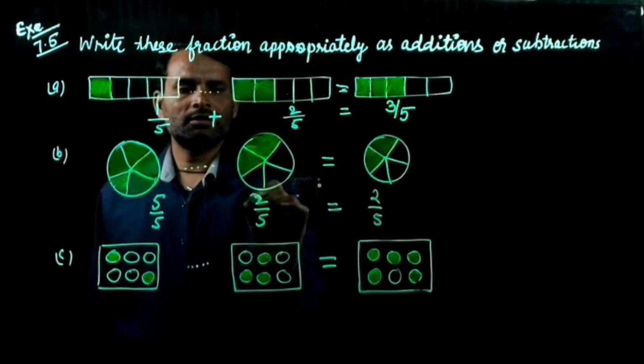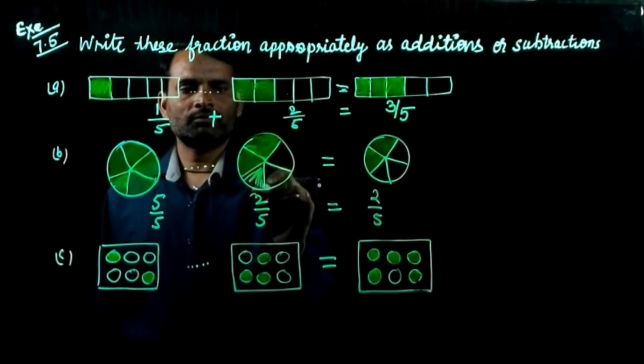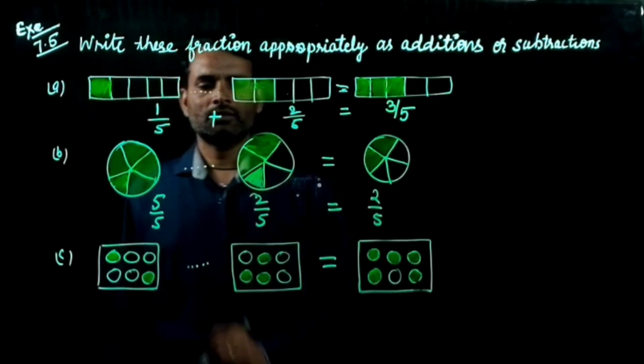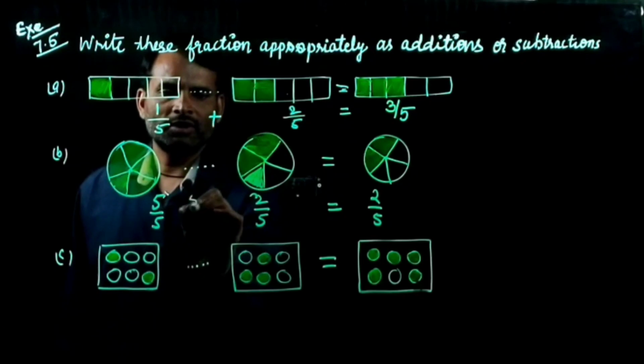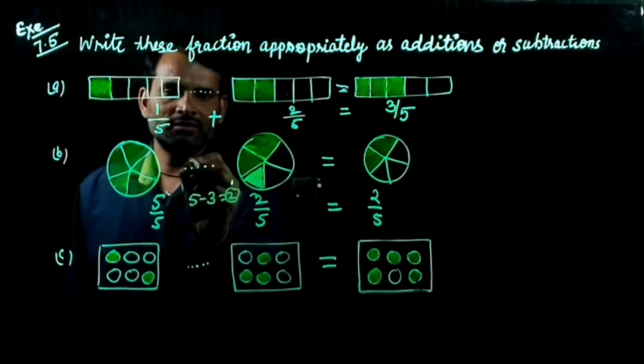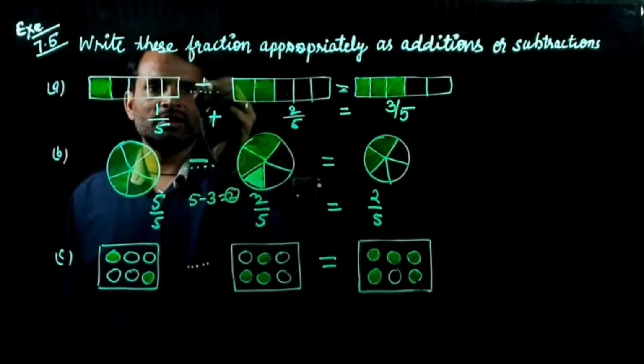Here 3 parts will be filled. So 5 minus 3 is equal to 2. This is a minus sign, and here the sign is a plus.